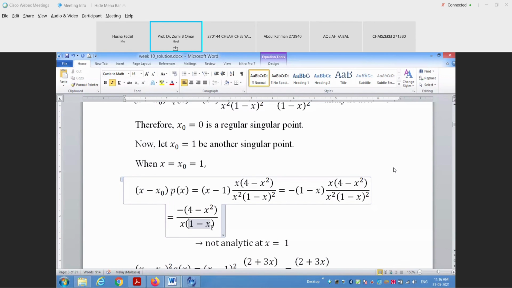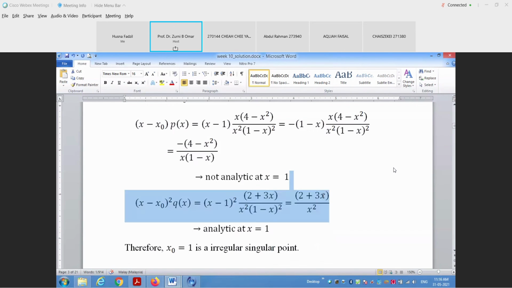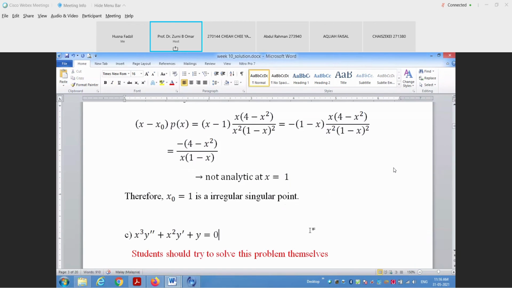When x equal to 1, you don't have to check the other one. If one is not analytic, then you can conclude that x naught equal to 1 is an irregular singular point, because if one of them is not analytic, the singular point is irregular.